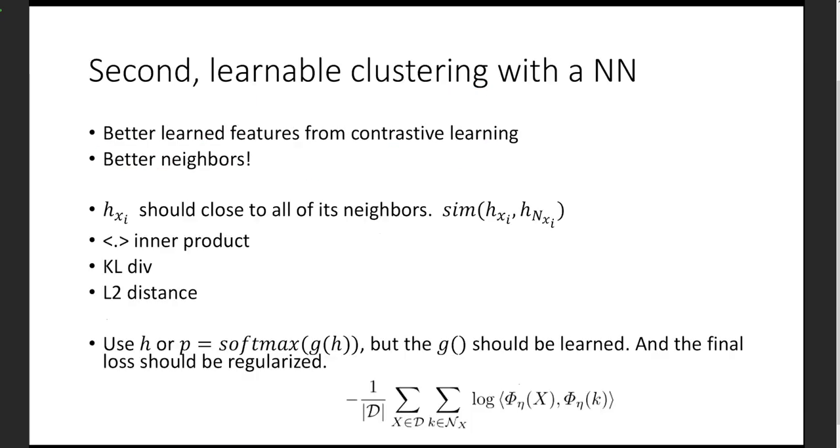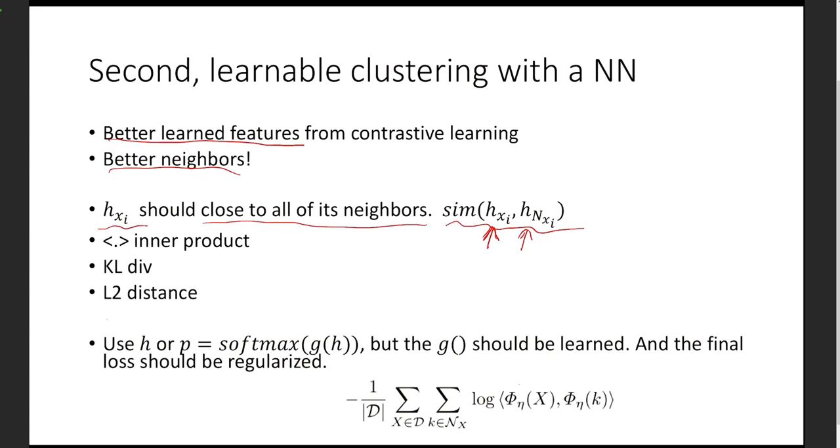The second step: based on the better learned features from contrastive learning, they have found better neighbors, more accurate labels. Then the learned feature h should be close to all of its neighbors by this function. It's called the similarity of the hidden features of xi, and it should be close to the hidden features of xi's neighbors.